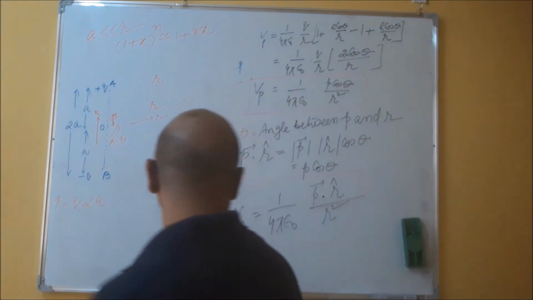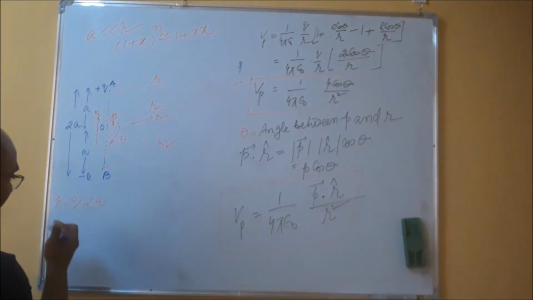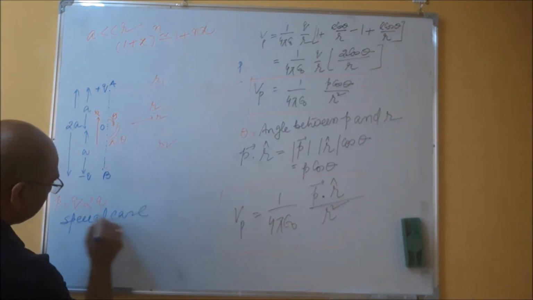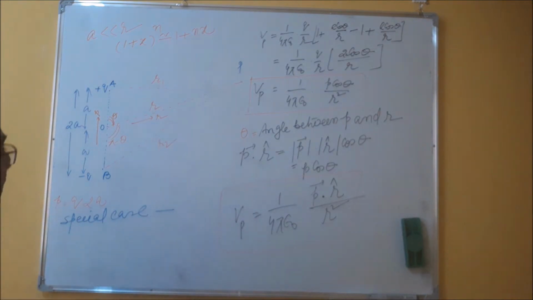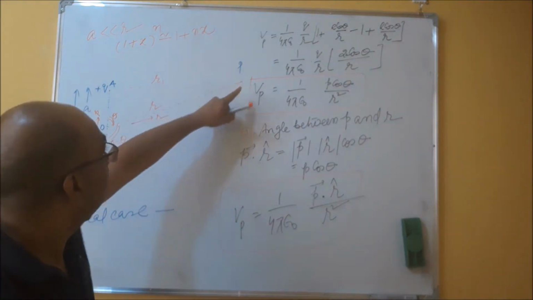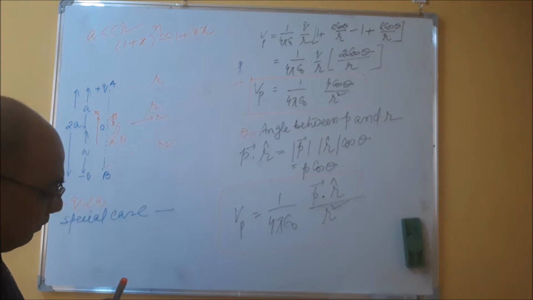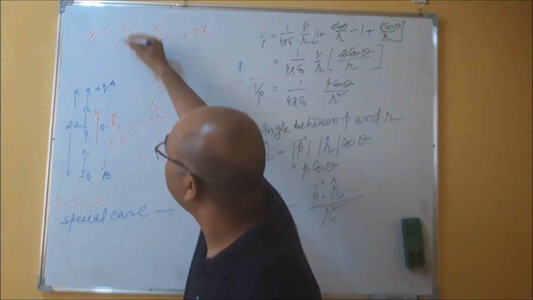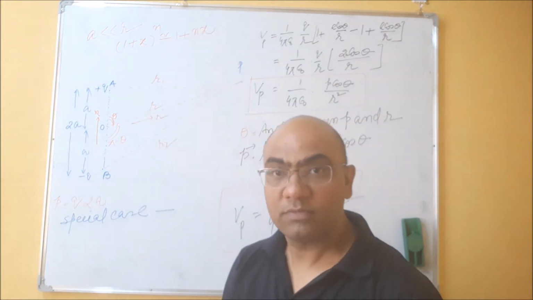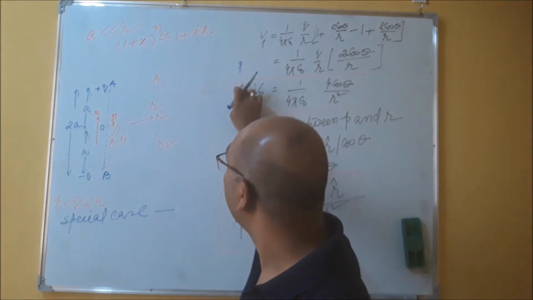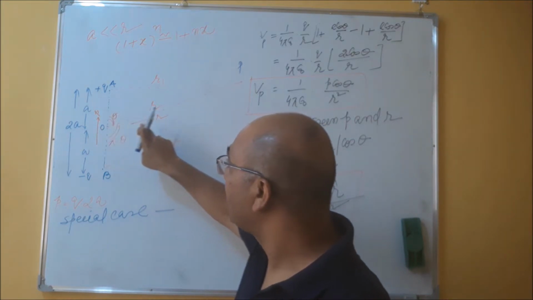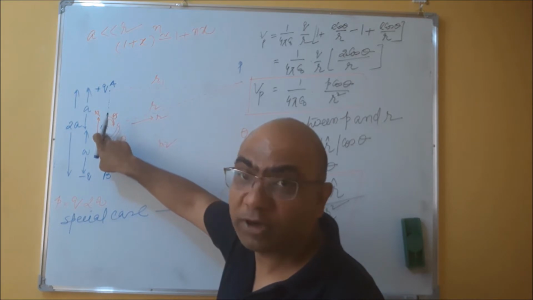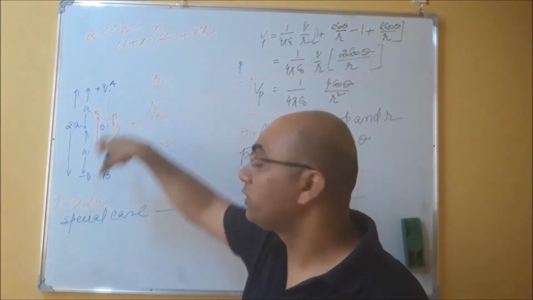What are the special cases? Special case means, first, when this point P is on the axis of the dipole, and second, when the point P is on the line going through the midpoint of the dipole and perpendicular to the dipole.